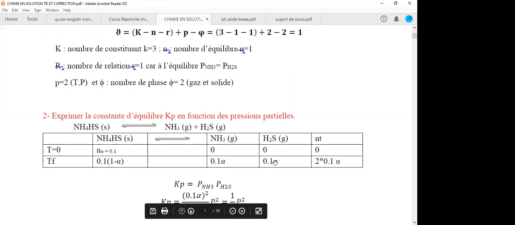Here is where most of the students make a mistake. Even me, the first days I was studying, I was doing this. I used to make a lot of mistakes when finding the total number of moles; we usually forget not to include the solid.